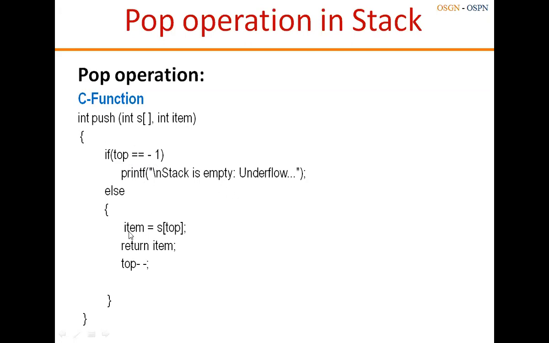Else you do item equals s[top], and return item. So this item will be returned. When you call this function, it will return you the deleted data item. That's why it is return item and then top minus 1. So this is the C function for pop operation.